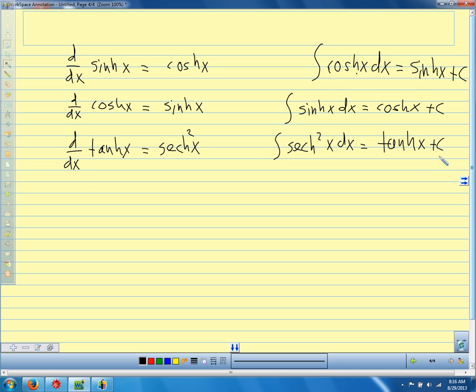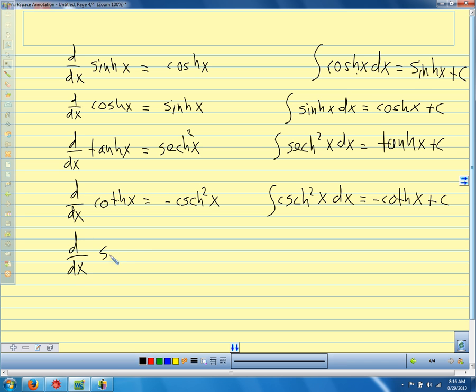And then the cofunctions are similar. d dx of hyperbolic cotangent is negative csch squared x. So the integral of csch squared x dx is negative hyperbolic cotangent x plus c. A couple more, and then we're done. d dx of sech x equals negative sech x tanh x.